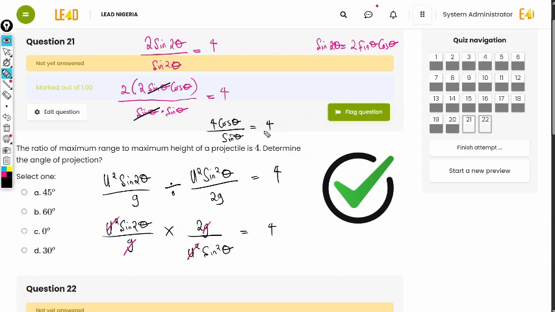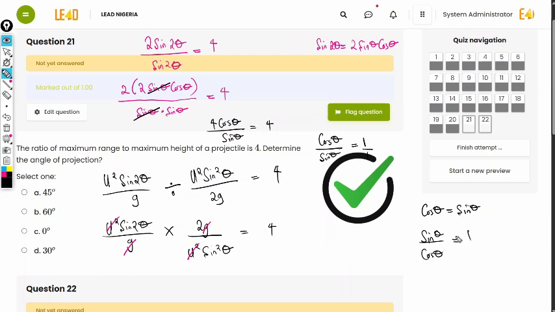Okay, good. So that means that cos theta over sine theta is equal to 1, right? Now I can cross multiply this and say cos theta is equal to sine theta. But I can also say, if I divide both sides by cos theta, sine theta over cos theta is equal to 1.